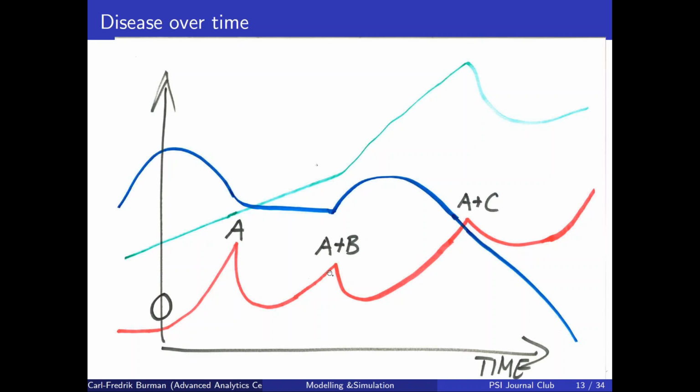Then when drug A wears out, you add a new drug, and this drug is targeting insulin. So the insulin levels increase for a while, before the beta cells are even more burnt out and it starts to fall. The glucose levels, the red curve, go down for a while, but then start to rise. And because of more insulin, the body weight will increase much faster in this part.